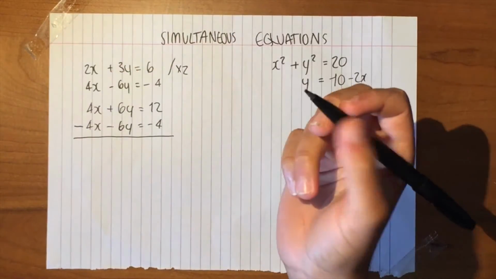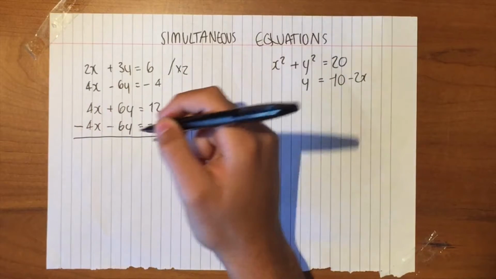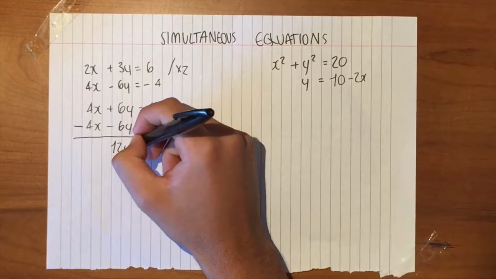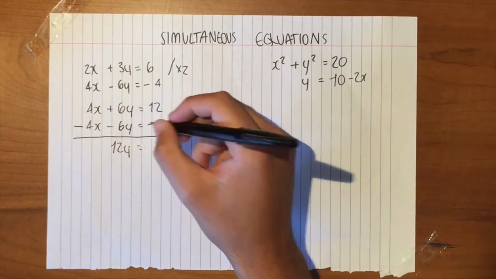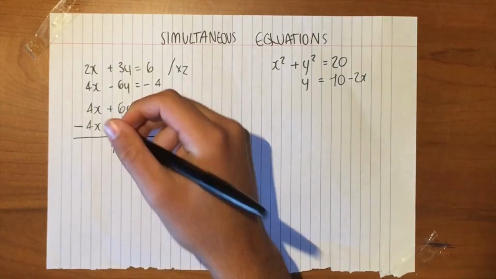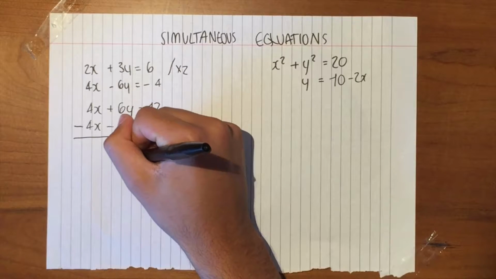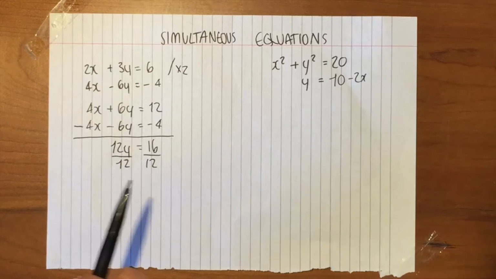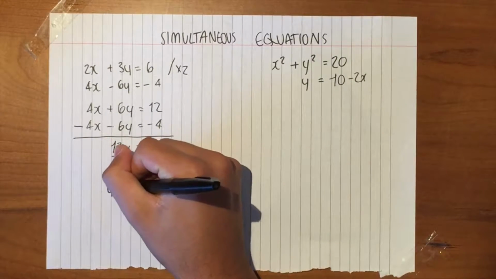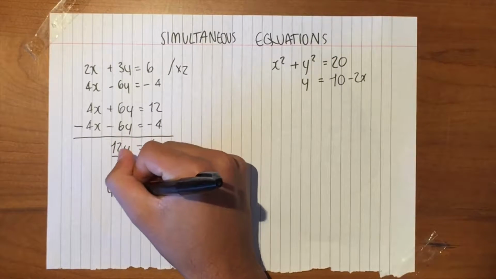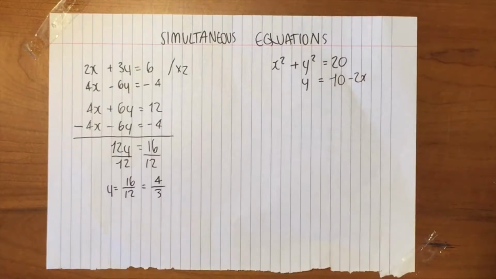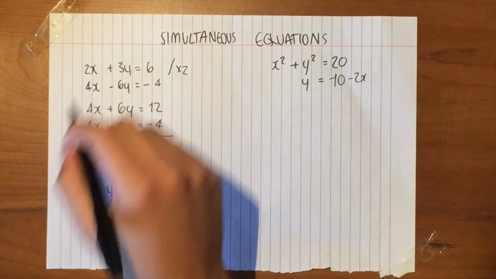So 4x minus 4x is obviously 0. 6y minus minus 6y becomes plus, which is then 12y. 12 minus minus 4 is 16. So y is equal to 16 over 12, which we can simplify to 4 over 3. Then what we can do is plug 4 over 3 back into the equation.